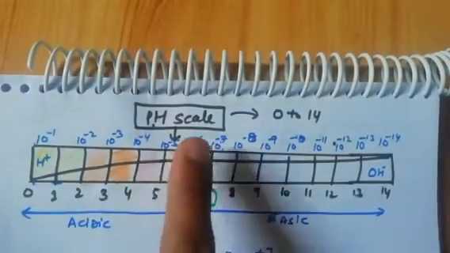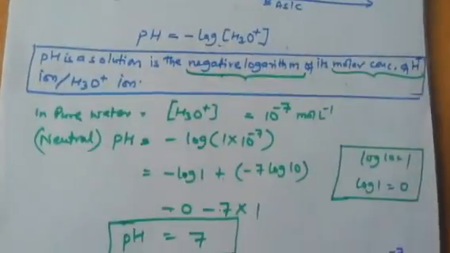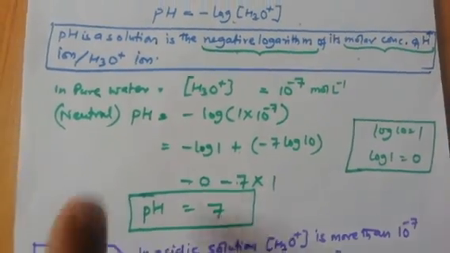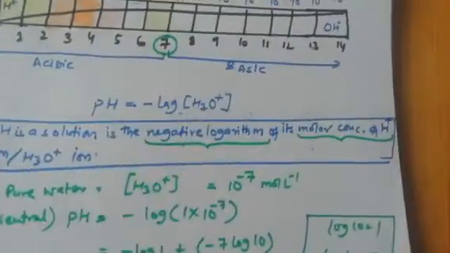After that we did the pH scale, with which we can find the strength of acidic and basic by calculating. We found the strength in neutral, in acidic, and in basic.